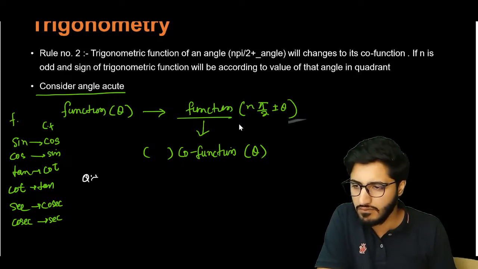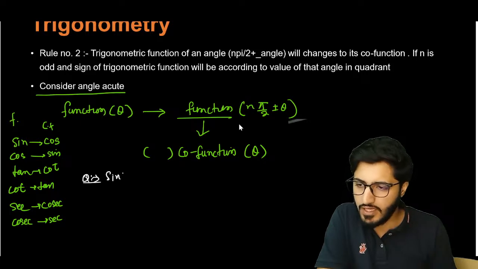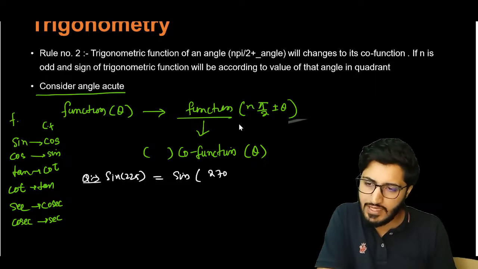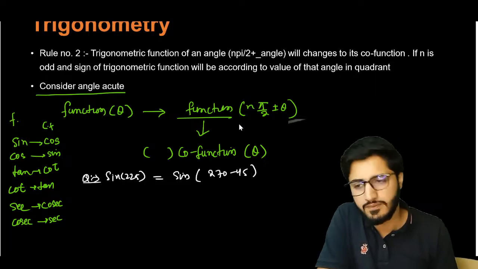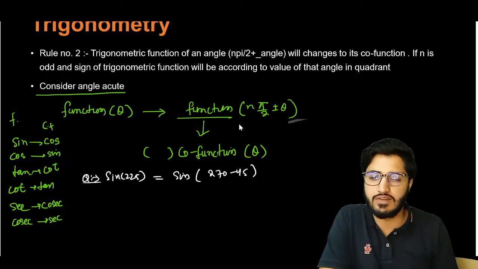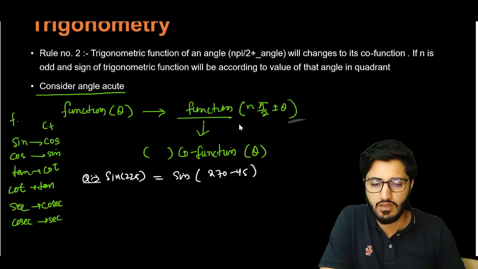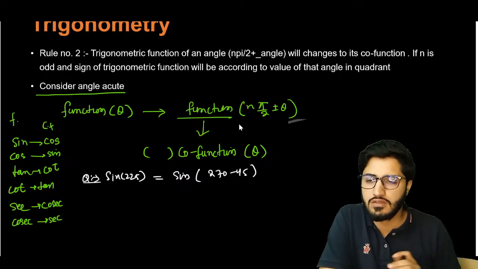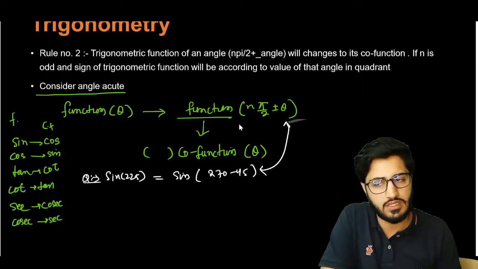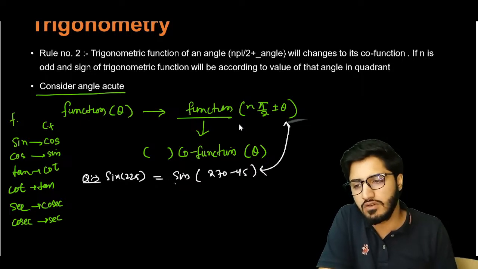If it is the same sine 225, I think I can do it like this now: sine of 270 minus 45 degrees also. So we can represent it like this, and it is similar to the previous one, but now we have to change the function.